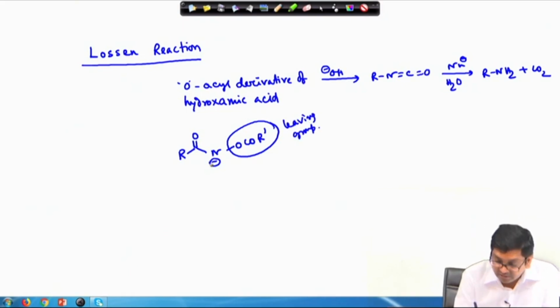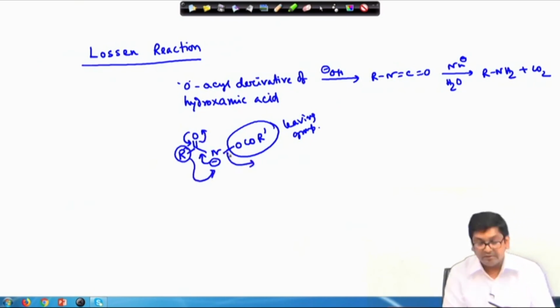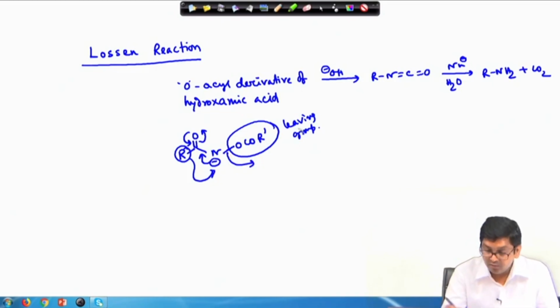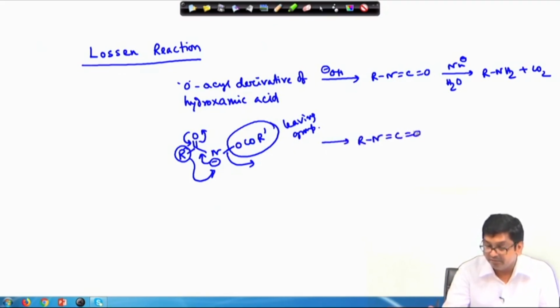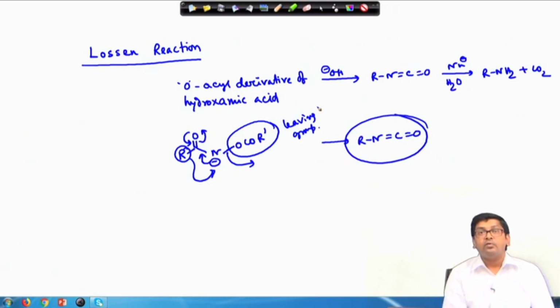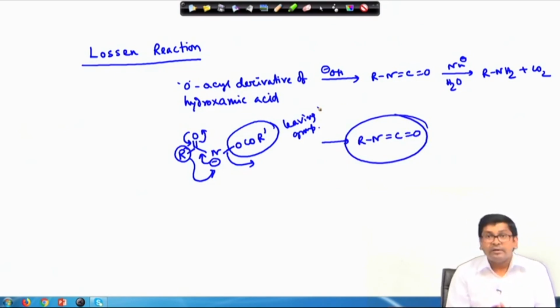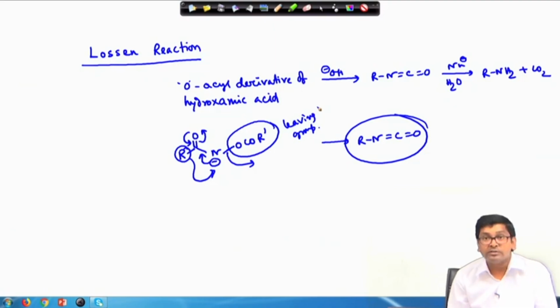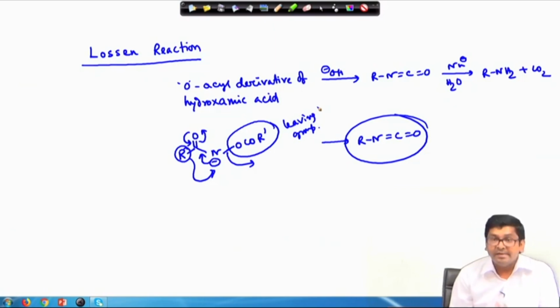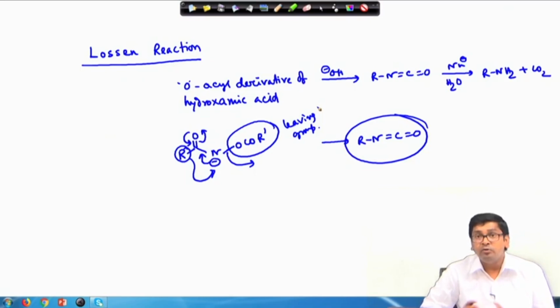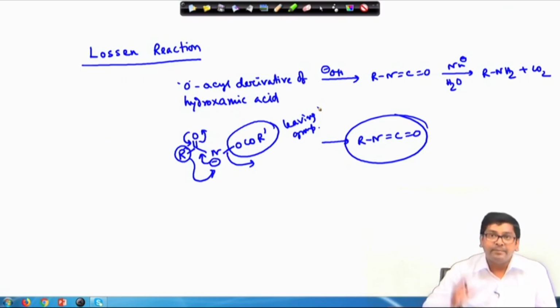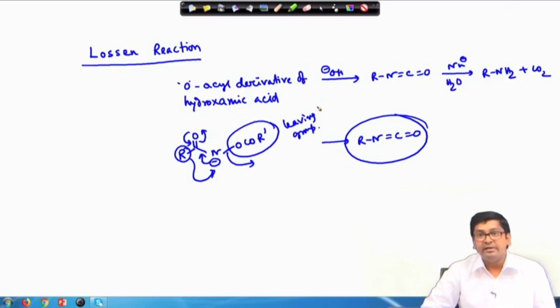So in this case also these 1,2 migrations can happen to give the leaving group as the O-acyl derivative, and it will generate this isocyanate derivative. Fine. So, whatever we have seen, Curtius, Hofmann and Lossen, they are basically the basic mechanisms where this 1,2 migration is very important, as it happens in case of the Wolff rearrangement in carbene.